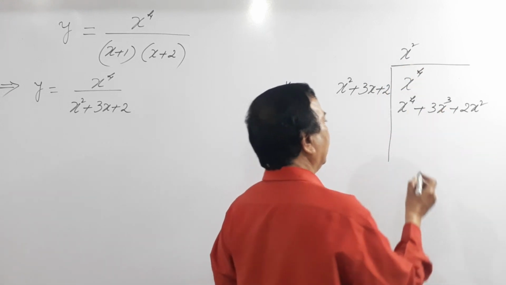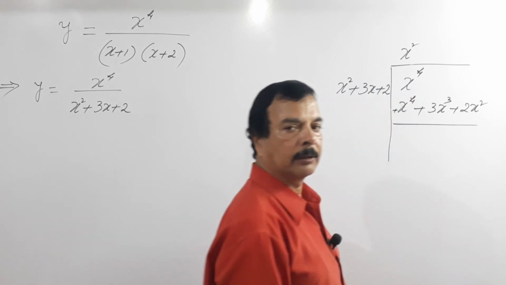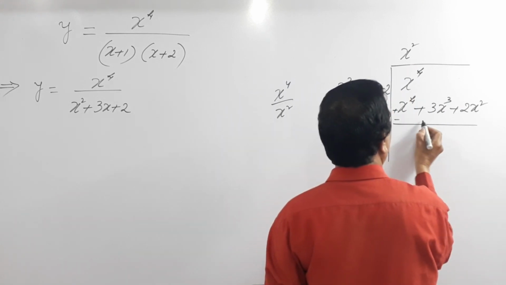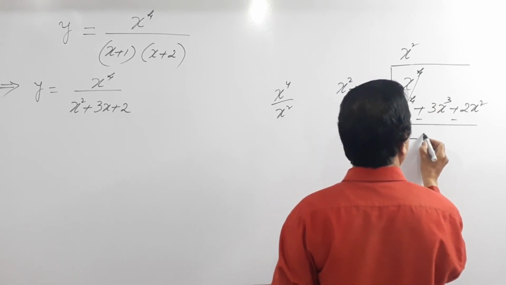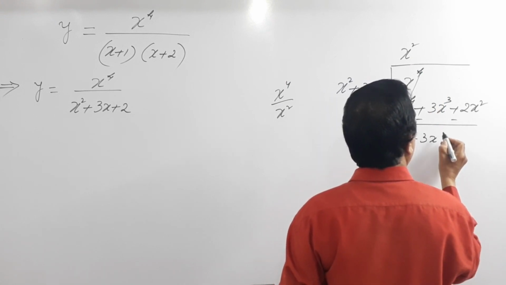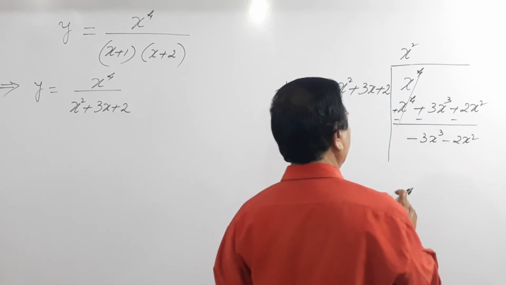So what I'll do? This is plus, I'll subtract. What happens? Sign changes. So this cancels. You are left with minus 3x cube minus 2x square.